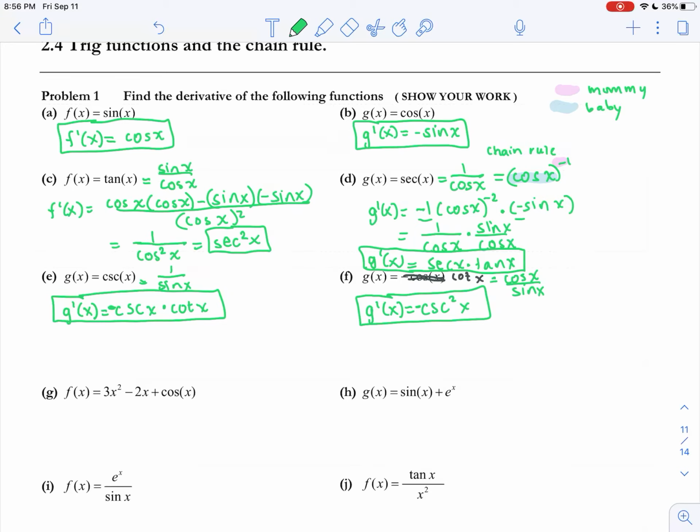One thing I want you guys to notice, all three trig functions that start with a c: look at cosine of x, cosecant of x, and cotangent of x. Their derivatives all have a negative in front of it. So you're going to remember that of the 6 trig functions, the 3 that end up with a negative derivative are ones that start with the letter c.